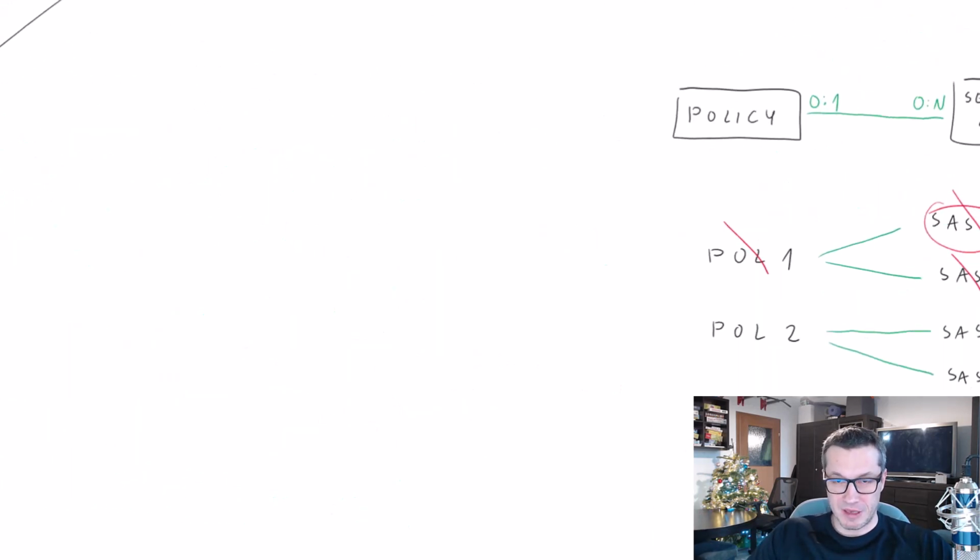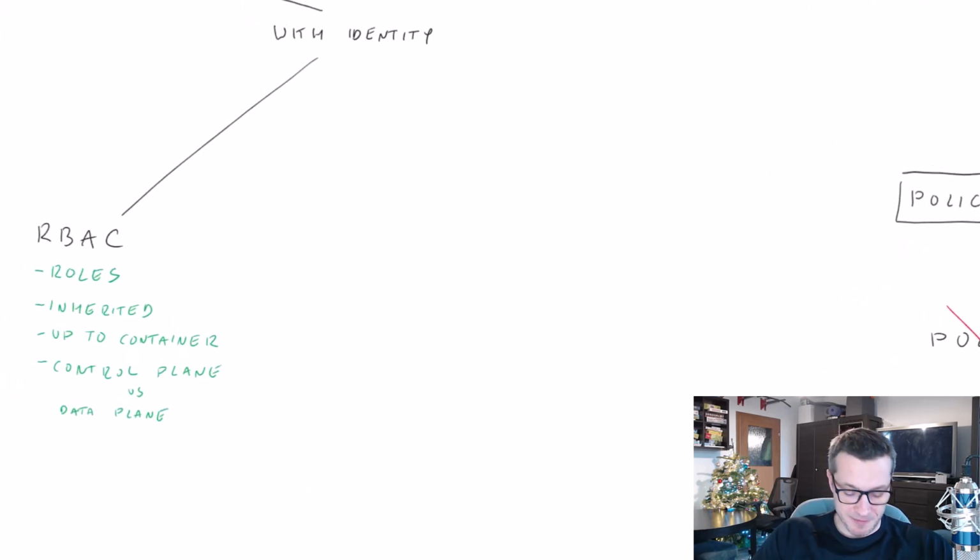So a way to do something similar is to use these ACLs, or access control lists. And please remember that as opposed to SAS tokens, when we use ACLs, we will know to whom we are granting access.